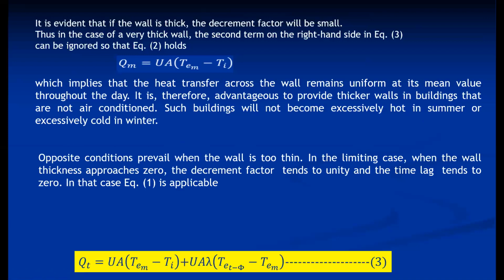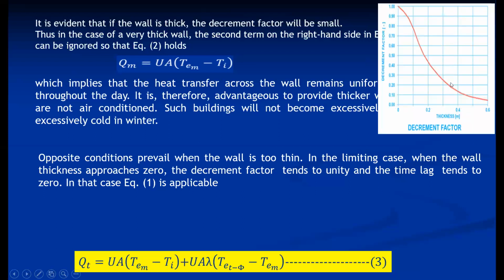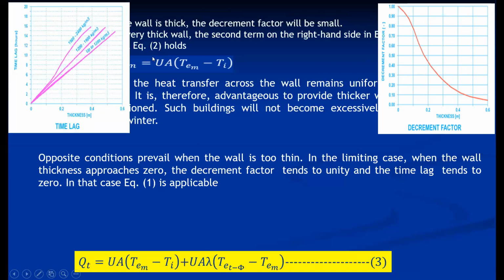The same thing, the opposite condition, prevails when the wall is too thin. If the wall is too thin, then the lambda value tends to unity. So this value is considerable, and the phi value also tends to 0. So in the limiting case, when the wall thickness approaches 0, the decrement factor tends to unity, and the time lag factor tends to 0.